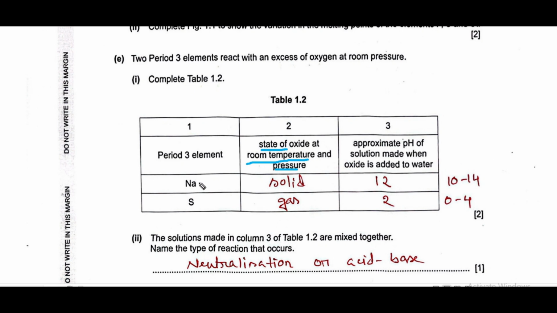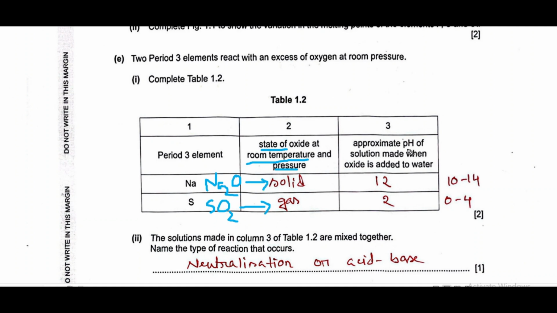Sodium reacts with oxygen to form sodium oxide. Sodium oxide is a solid, and sulfur reacts with oxygen to produce sulfur dioxide. Sulfur dioxide is a gas, sodium oxide is a solid.